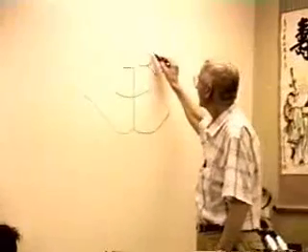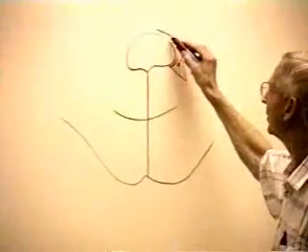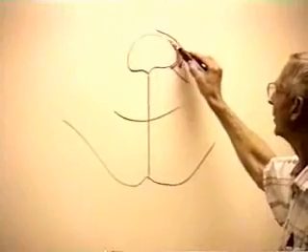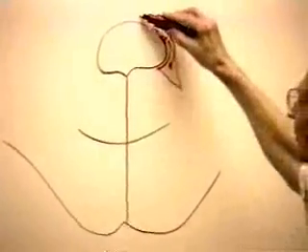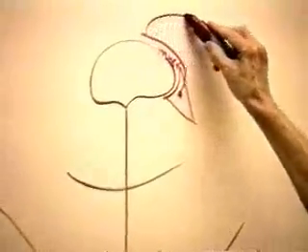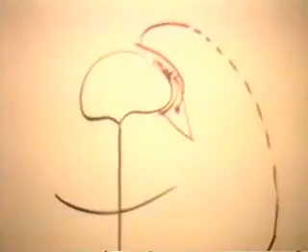So we'll now have the inferior cerebellar peduncle, coming into the nodulus and curving around laterally so we can get into the flocculus out here.